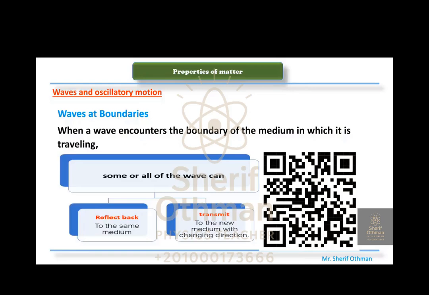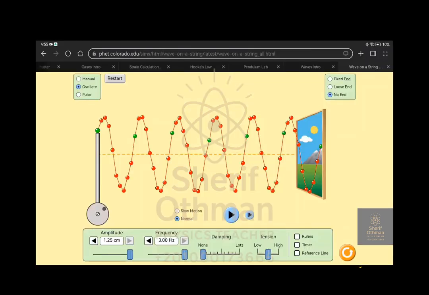Waves at boundary, guys. When a wave reaches a boundary, it's going to reflect back on itself, exactly like we did here. Fixed end. Let's see what will happen to the wave.